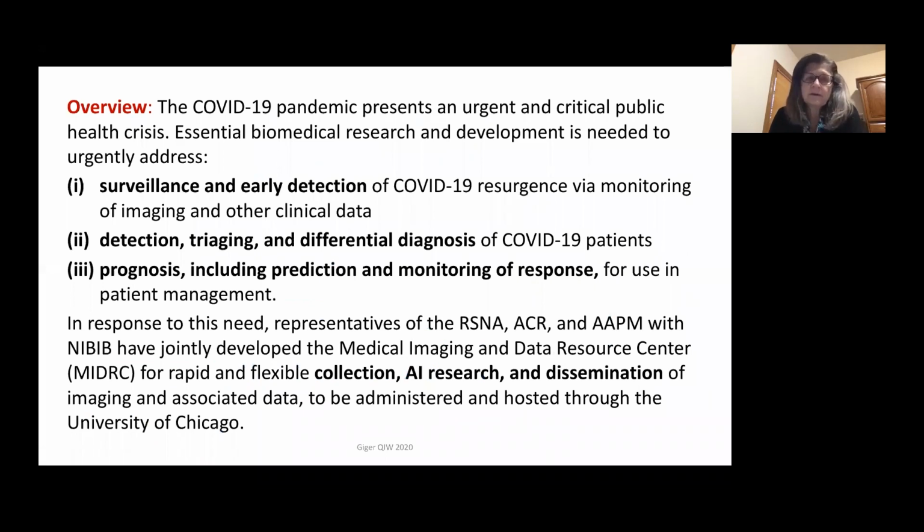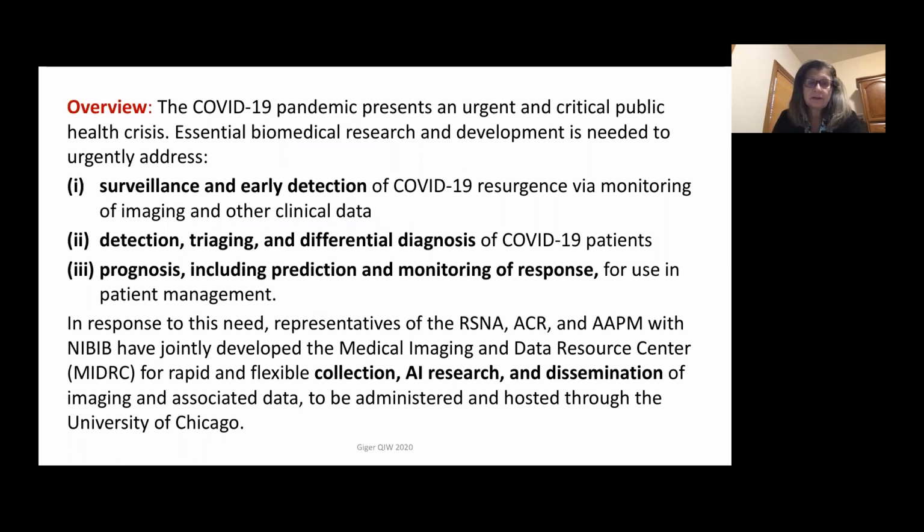And this is because of the COVID-19 pandemic. We need to develop new methods for surveillance and early detection, for triaging and differential diagnosis of COVID-19, as well as prognosis, including prediction and monitoring of response.